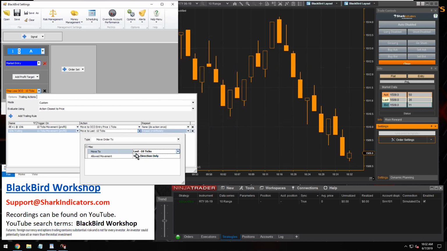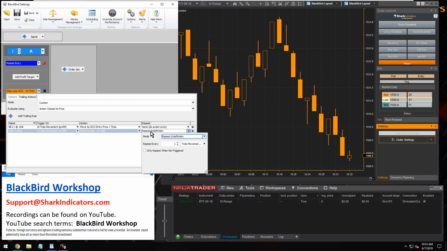And that calculates the new price for that stop loss, and that's where the stop loss gets moved to. And then the repeat: with this 10 tick trailing, our hope is that the market just keeps moving, and so we want this 10 tick trailing to keep trailing as the market keeps moving higher, indefinitely. So we see the repeat is set to indefinitely here.